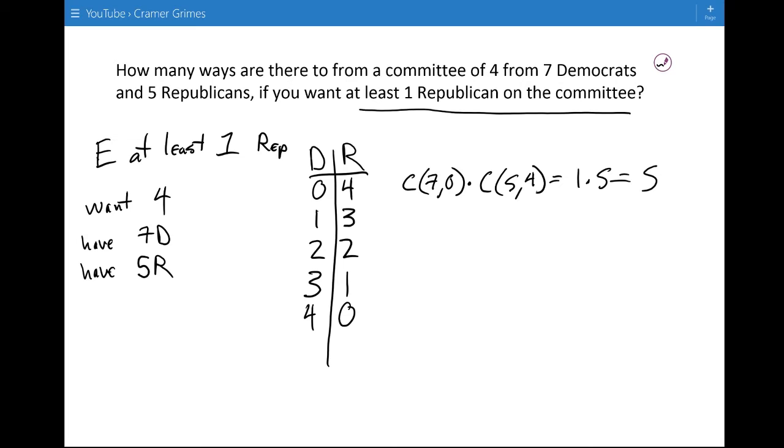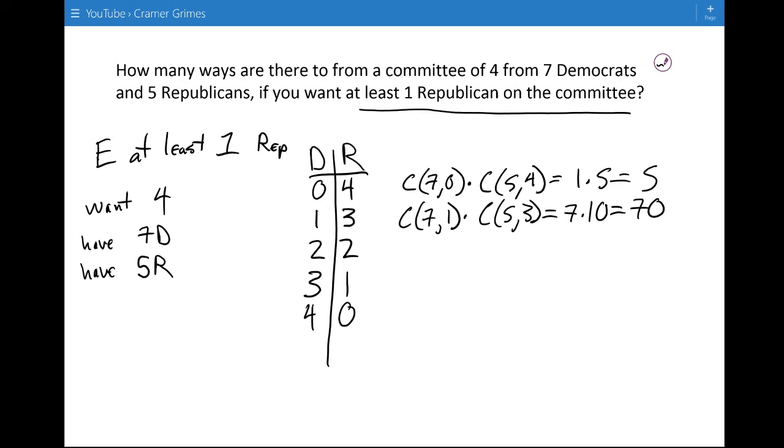Next row, that would be combination of the 7 Democrats, choose 1 of them, and multiply combination of the 5 Republicans, choose 3 of them. 7 choose 1 is 7. 5 choose 3 is 10.